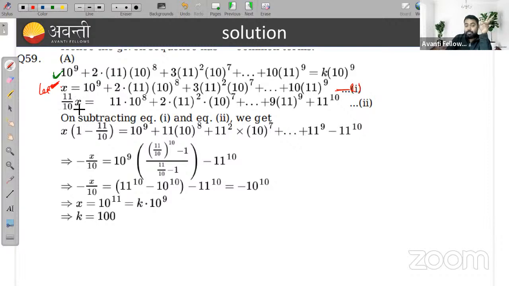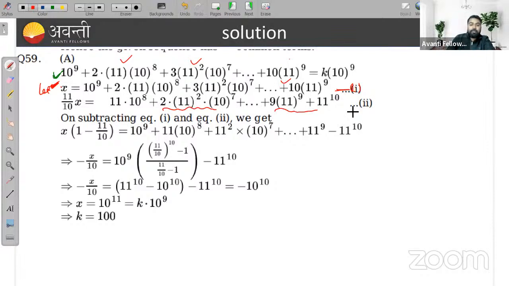The left hand side becomes 11x upon 10, and on the right hand side, when we multiply 11 by 10 with 10 to the power 9, it becomes 11 into 10 to the power 8. Yes or no? That's why I'm writing 11 into 10 to the power 8 below 2 into 11 into 10 to the power 8, because it will be easy to subtract. Okay. Then multiply 11 by 10 with the second term and write here. Then multiply the last term with the last one and write here.